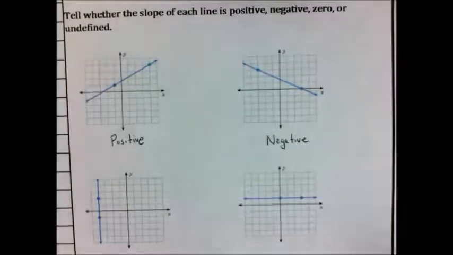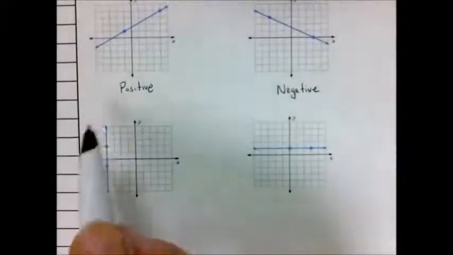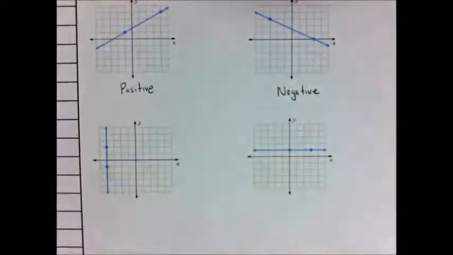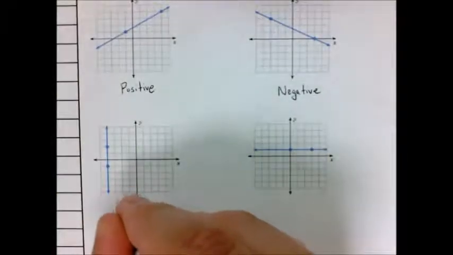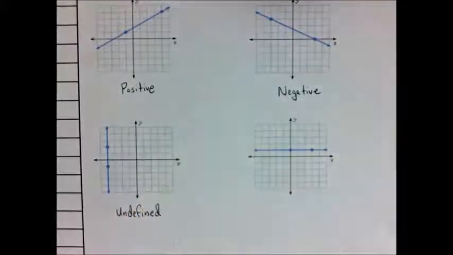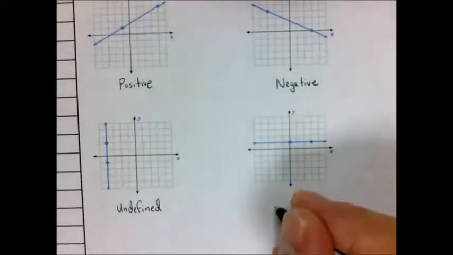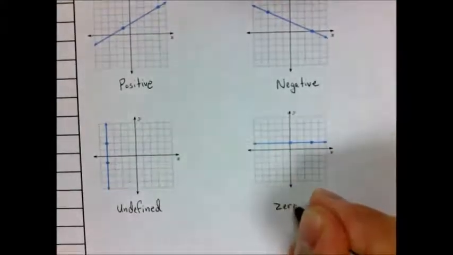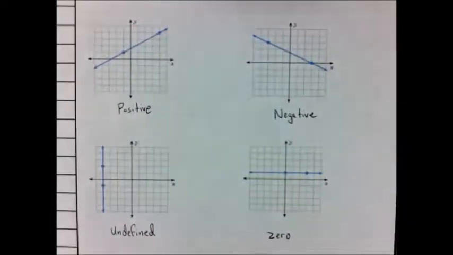As x is going to the right, y is going down. This third graph is that vertical line right there, and vertical lines, we don't know the slope of. It's undefined slope. And then finally, the horizontal line where you're not going up or down, we call that the zero slope. That's kind of what we're doing for today's lesson.